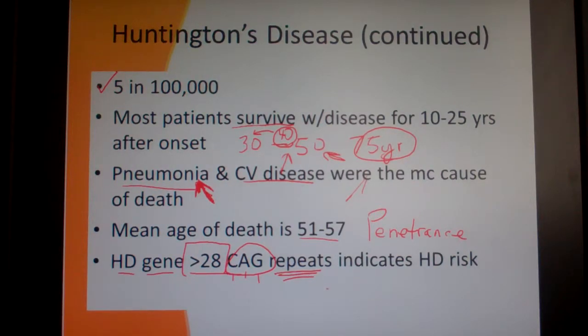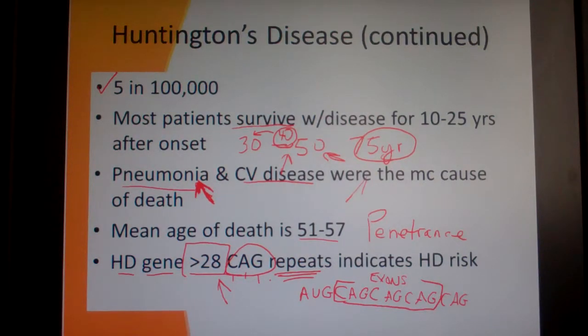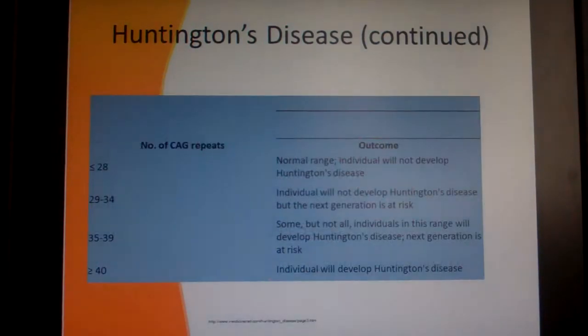Okay, so when you start an amino acid, say it's A, U, G, and then Huntington's would be like CAG, CAG, CAG, CAG, and in our genetic code we can splice things out, to a certain extent, with your exons and everything, but when you start getting that many of them, it is a little bit much for even our internal mechanisms to completely get rid of. So that's why you would see varying degrees of Huntington's.